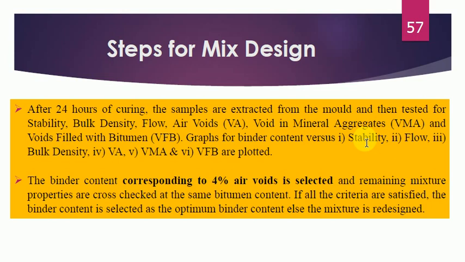So we have got 3 different bitumen contents from 3 different graphs, and we have to take the average value of these 3. This is our optimum bitumen content, and for that bitumen content we have to check the condition satisfying the VMA value as well as the VFB values.